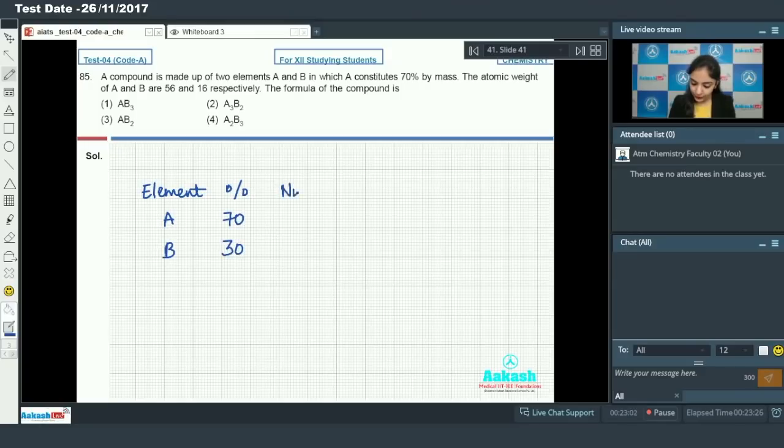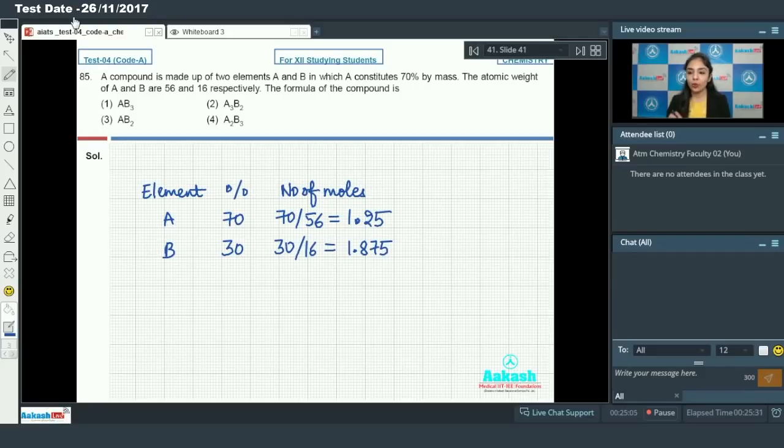We can calculate the number of moles: 70 by 56, where 56 is the atomic weight of A, is equal to 1.25, and here also 30 divided by 16 is equal to 1.875.